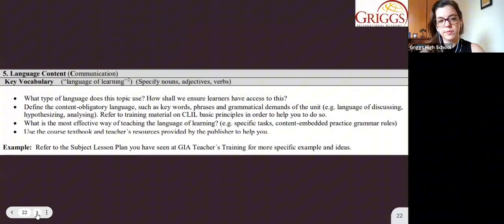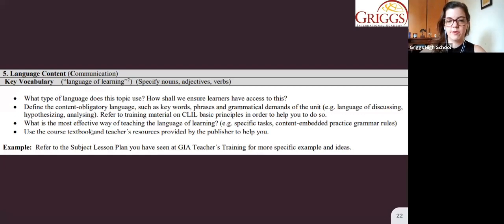Then communication. In the language content, we have 3 parts. The first part, key vocabulary, is language of learning. The key vocabulary is the easiest one. So it's basically the key vocabulary of the class. So macronutrients, what is the key vocabulary?